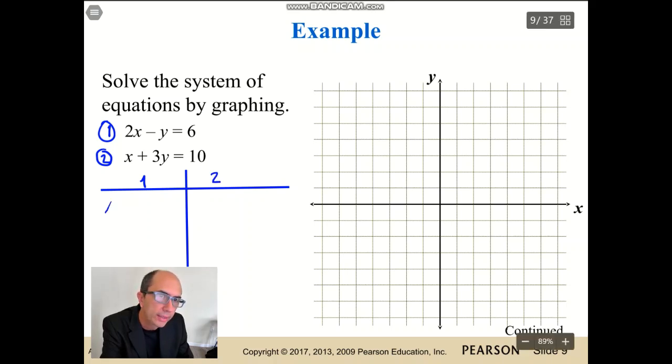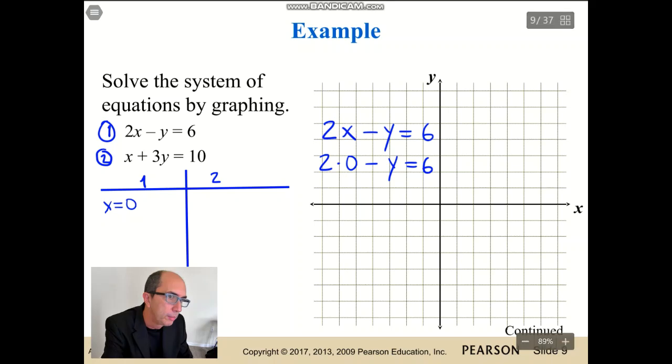Let's say if x equals 0, plugging on equation number 1, 2x minus y equals 6. So plugging 0 here, 2 times 0 minus y equals 6. 2 times 0, 0. Negative y equals 6. Y equals negative 6, right?